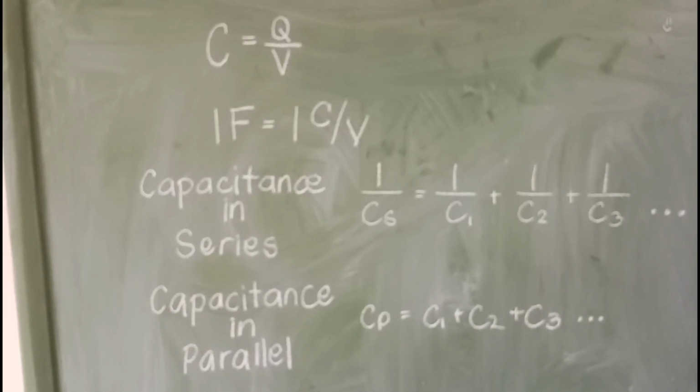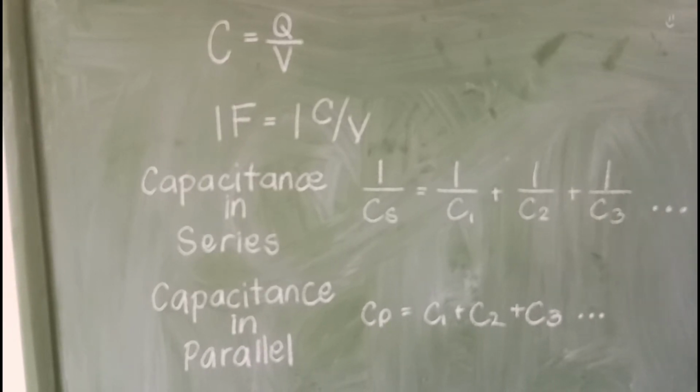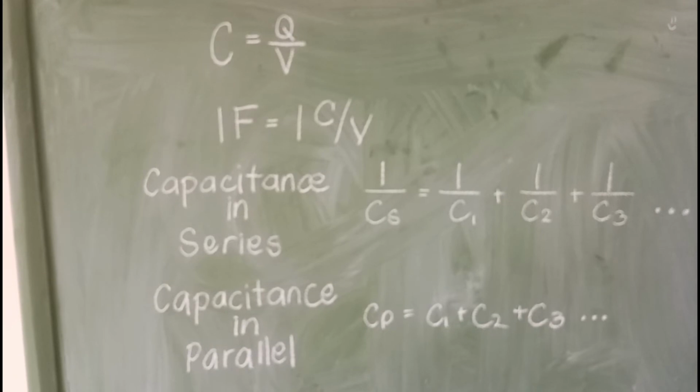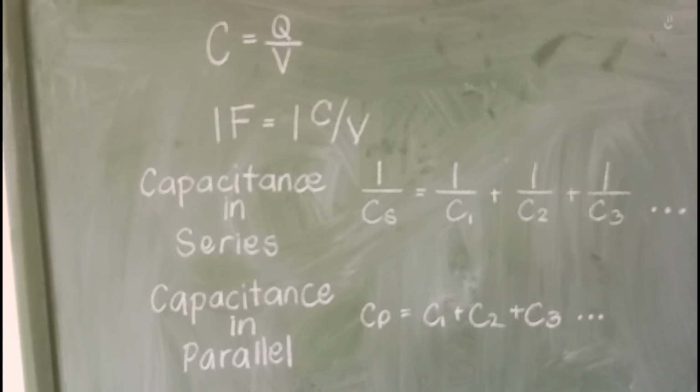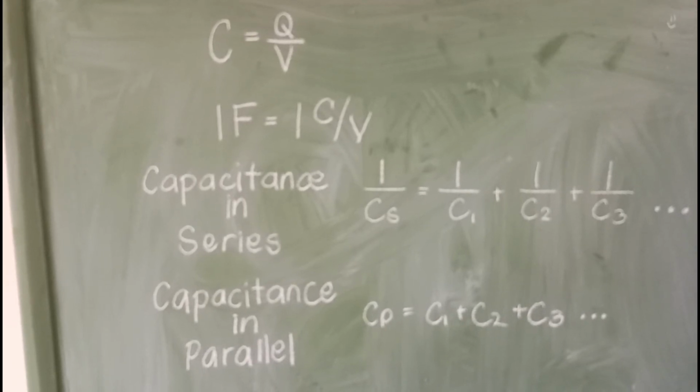That's all. So let's get a review. Capacitance is equal to electrical charge over voltage. 1 farad is equal to 1 coulomb per volt. Capacitance in series.